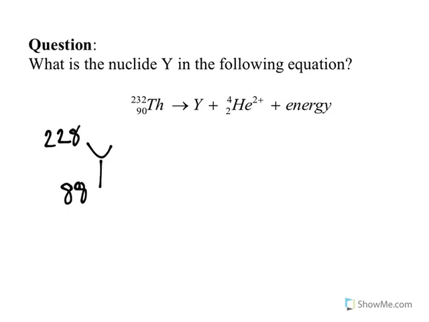So we go to our periodic table and we look up what number 88 is, and we see that its symbol is Ra, and so 88 and 228. So there's our alpha decay.